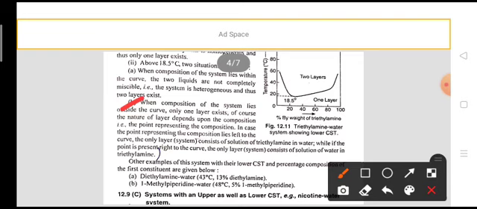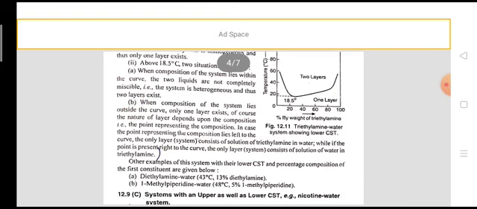In case the point is on the left side of the curve, the only layer consists of a solution of triethylamine in water, while if the point is on the right side of the curve, the only layer consists of a solution of water in triethylamine.